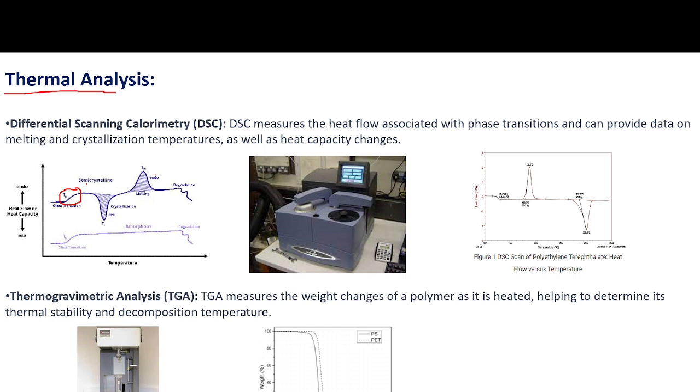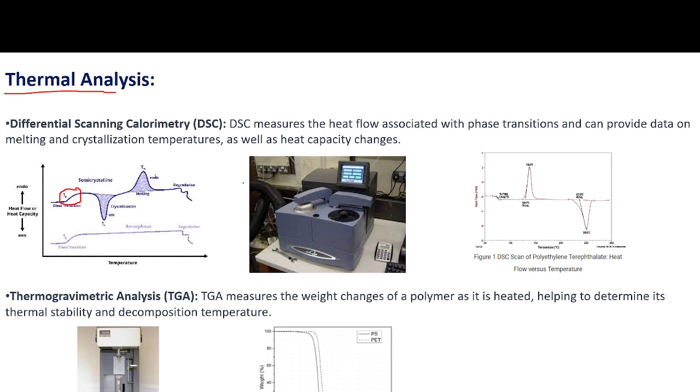So why are Tg and melting temperature important? If you want to use a polymer or rubber in a cold area like Russia, but you have been using it in our country where the temperature is above 25 degrees centigrade, and you don't know the Tg of this polymer, there will be a problem.